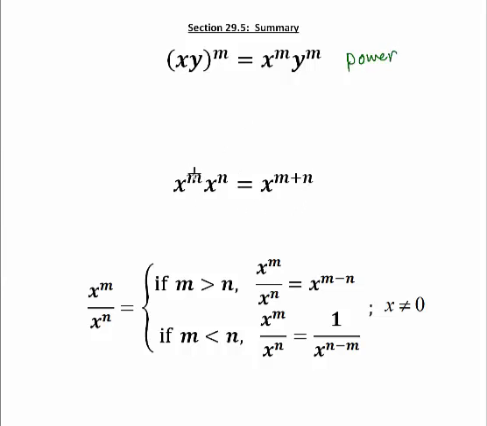This property, where we have two x's multiplied and the exponents are added, this is the product rule. And then this last one is what we call the quotient rule, because we're dividing.